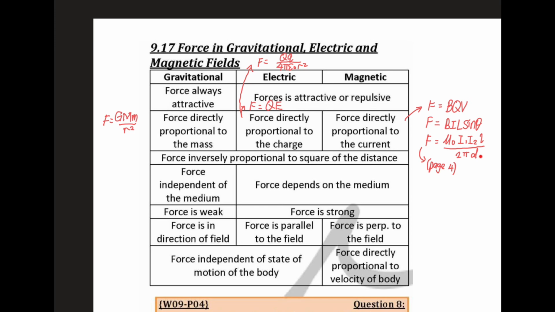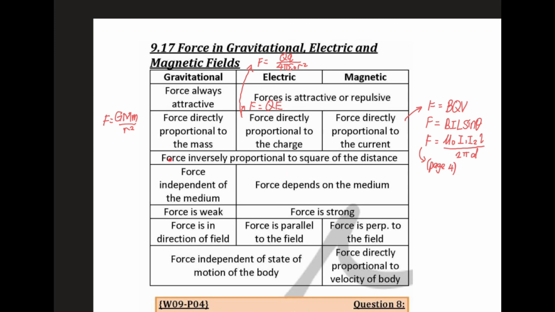We don't have r squared at the bottom, but it is still okay. At least we see something: we have a product of currents. The first two are the important ones, and the third one is just for two straight wires with current, so I have to be careful with it. The third one is just for extra reference only.